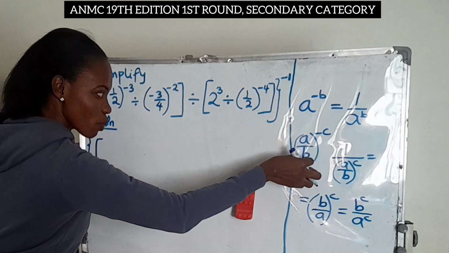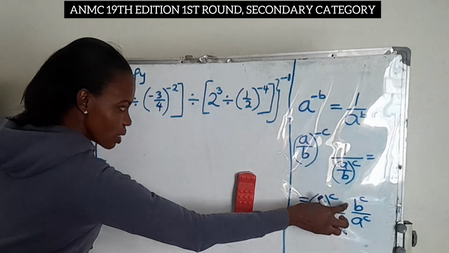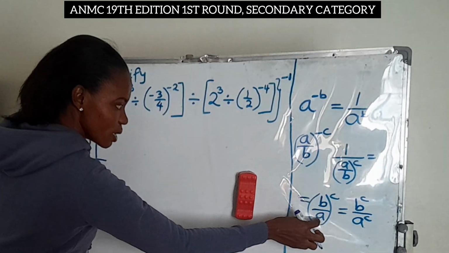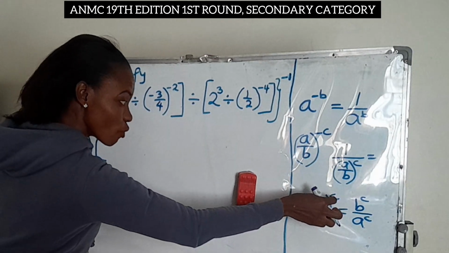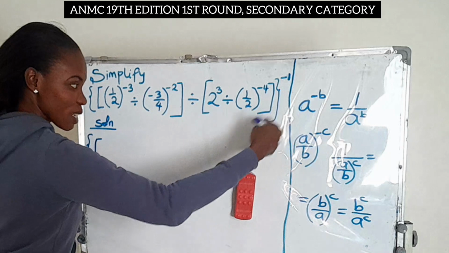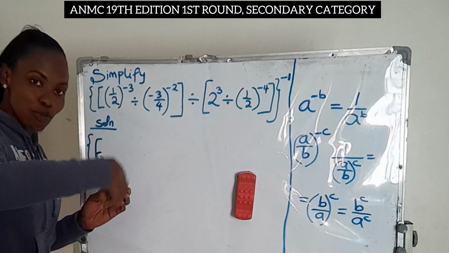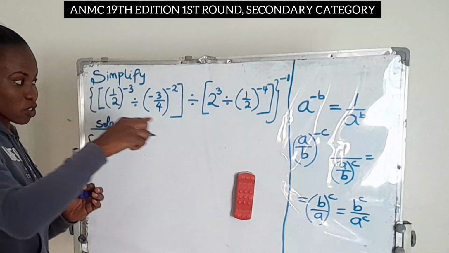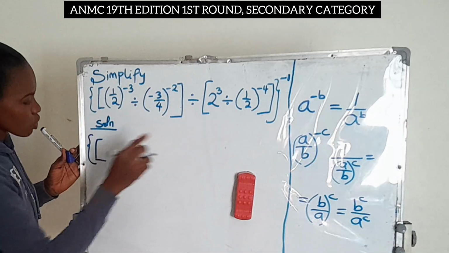So this will turn up, this will go here, this will come down there. That is b over a, then raised to the power of only the c. The negative sign will not be there again, because the negative sign has given room to the reciprocal of the fraction. Okay, so that's what I'm going to do.